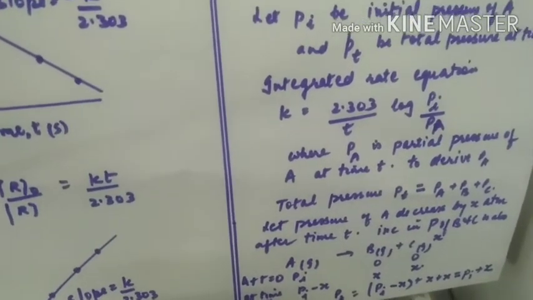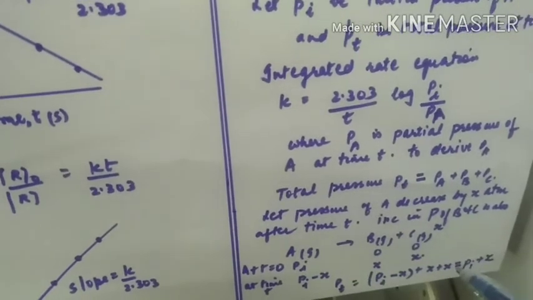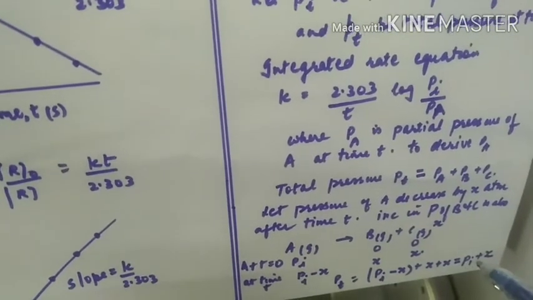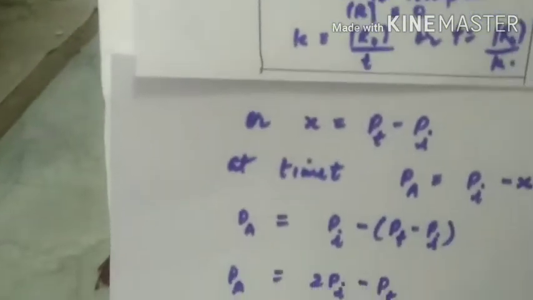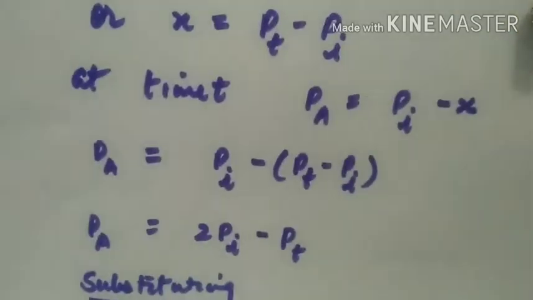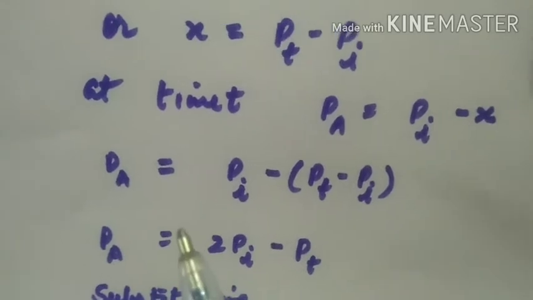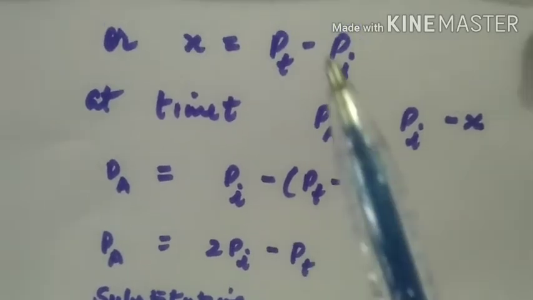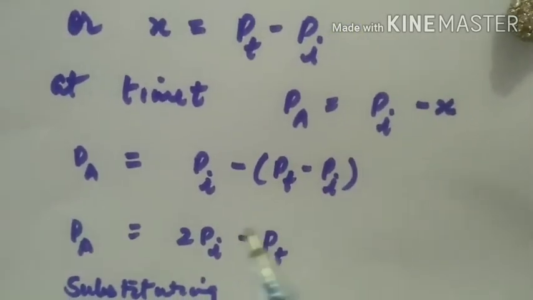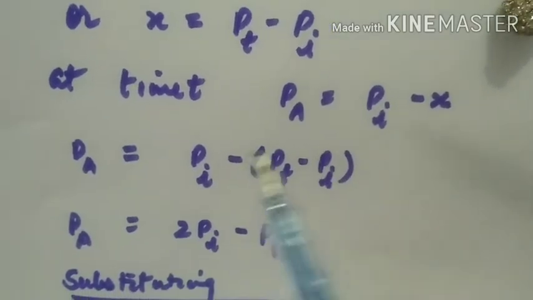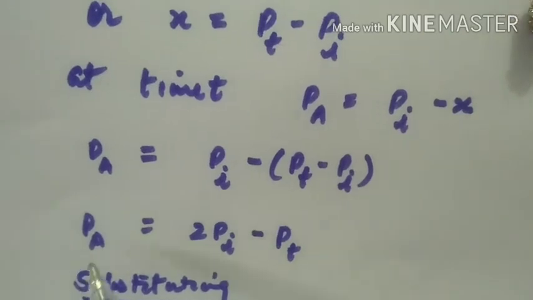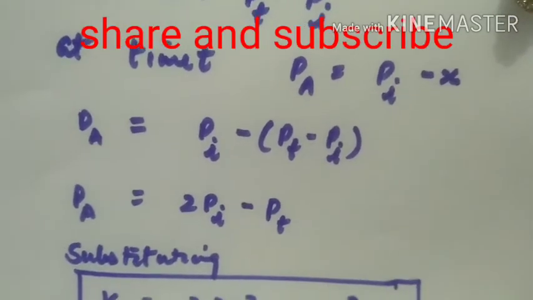So total pressure is equal to Pi plus x, so x will be Pt minus Pi. At time t, Pa is equal to Pi minus x. So Pa is equal to Pi minus (Pt minus Pi), that is Pi minus Pt plus Pi, Pi plus Pi is 2Pi, so Pa is equal to 2Pi minus Pt.